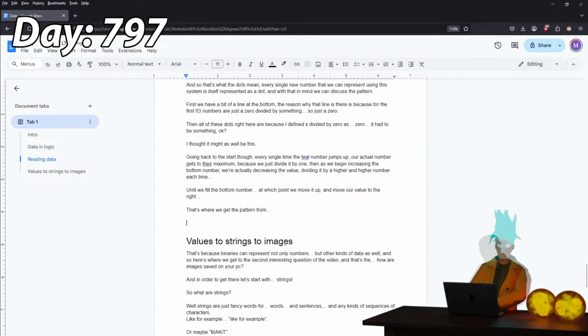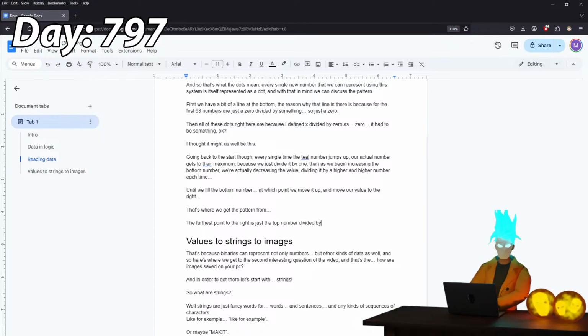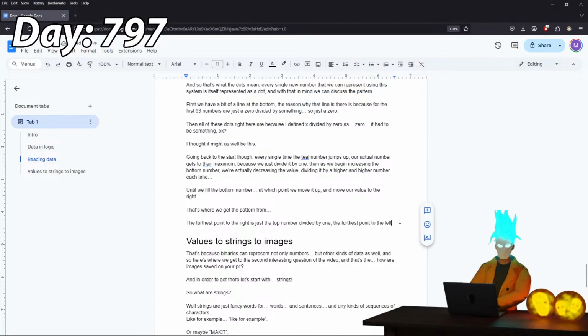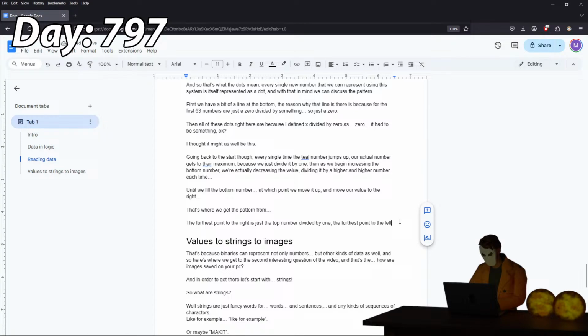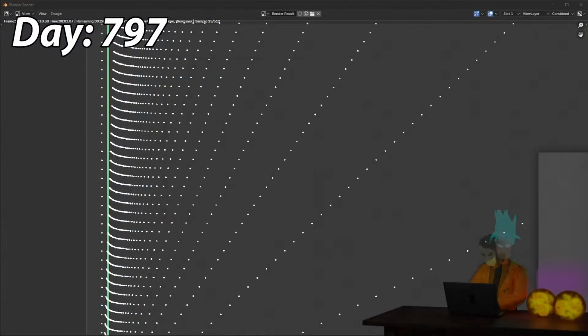The furthest point to the right is just the top number divided by 1. The furthest point to the left is just the top number divided by how much?